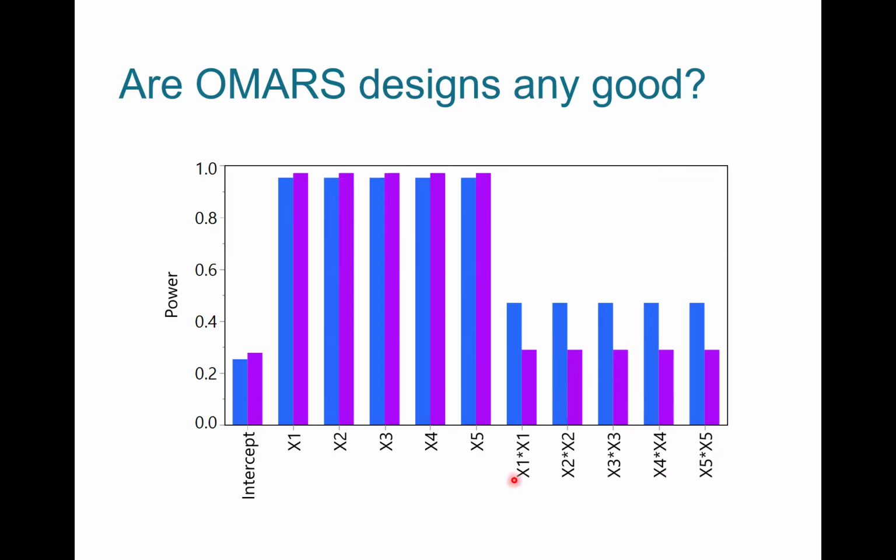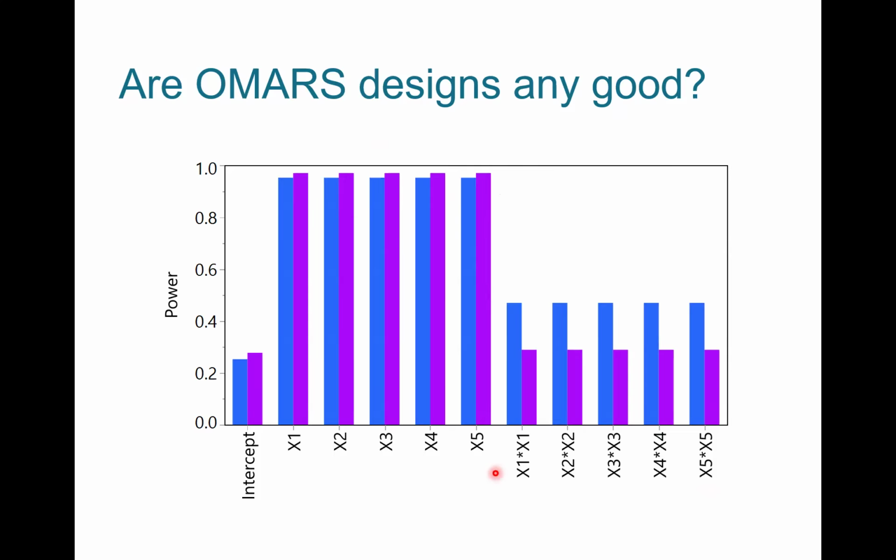So for the quadratic effects, the OMARS design does much better in terms of power. And this is at the expense of a slightly lower power for the main effects, as you can see. So that's another indication that the OMARS designs can be very valuable.